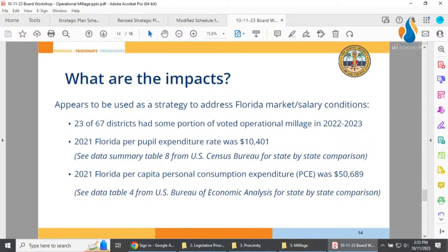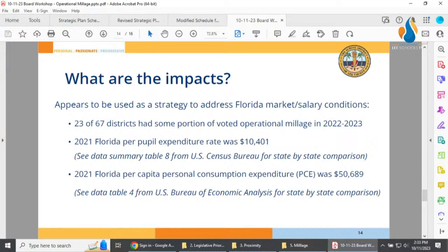It really outlines the logic behind their ask. So the data on this slide, but more importantly, the data tables that I've attached to this item, are often what is utilized to explain why a district is pursuing this type of effort.